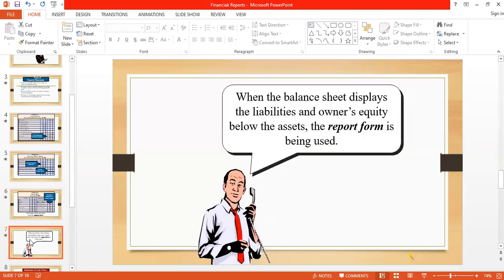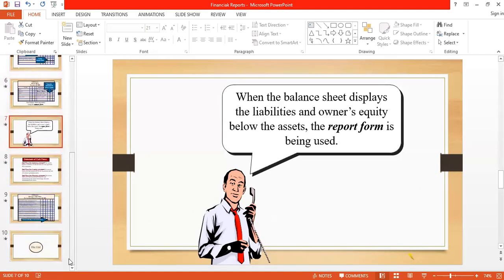While if they are recorded in such a form that shows the assets on a single page, and below that the totals of liabilities and owner's equity are recorded, this type of format is called the report form.